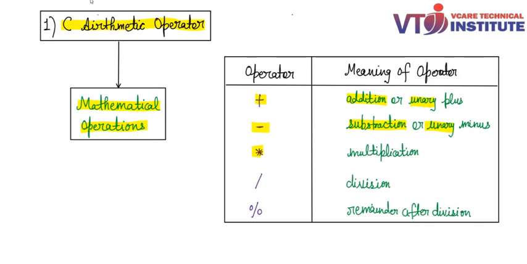Then the star is multiplication, and slash is division, and then there is the percentage sign, which may be new for somebody. In division we get the quotient, but with the percentage, the modulus, we get the remainder after division.